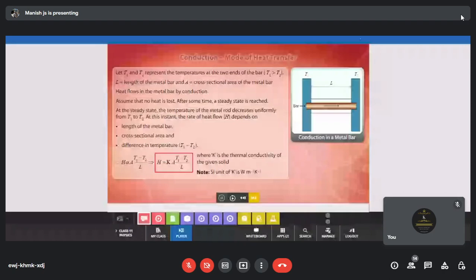If the length of the rod is more or less, the heat transfer will vary accordingly, where the rate will be higher and where it will be lower. So when the length is less, the rate is higher. That is the meaning.